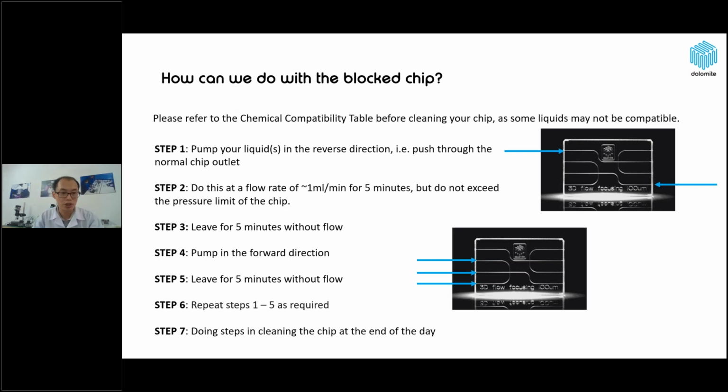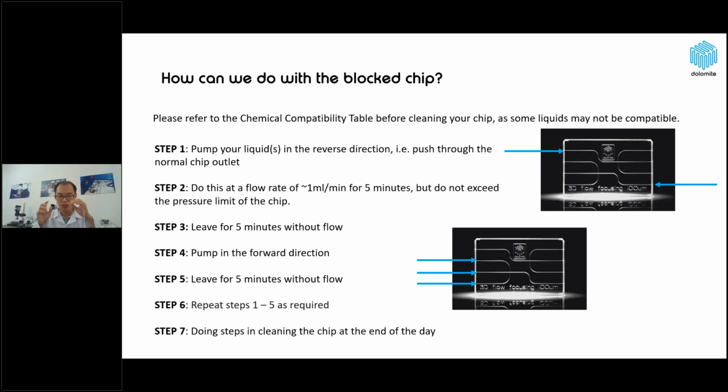Step 1 is to pump liquids in the reverse direction. It's a little different from cleaning the chip at the end of the day, where you pump in the forward way that you run the experiment, connecting the input to the output of the microfluidic chip.